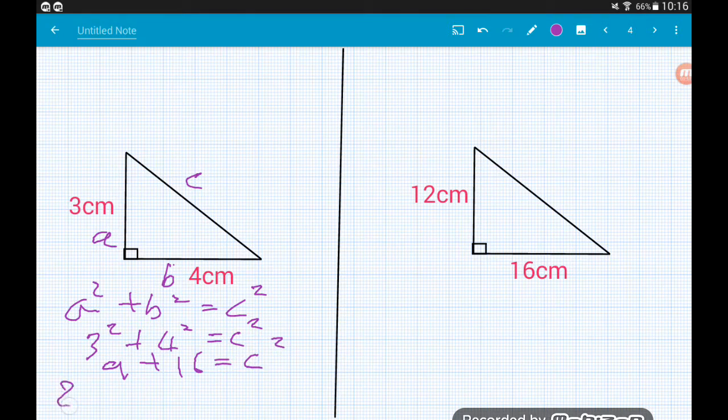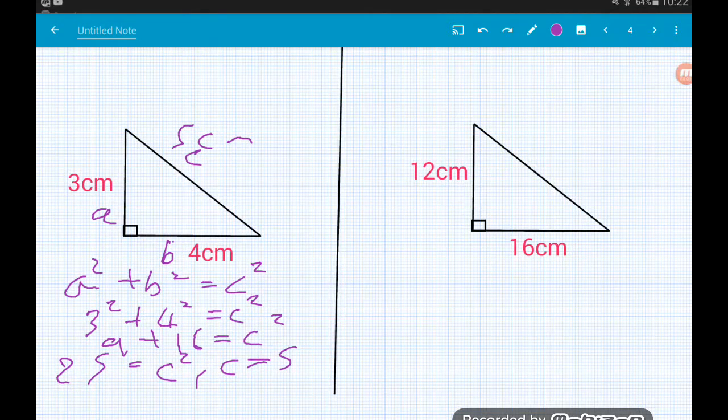That's going to give us 25 equals C squared. Now if we square root both sides, that will tell us that C is equal to 5. So the length of the hypotenuse is 5 centimetres.